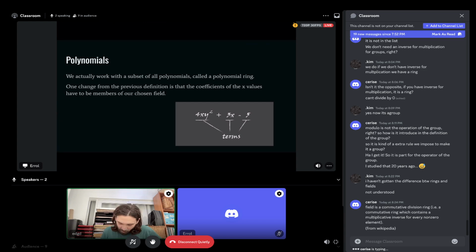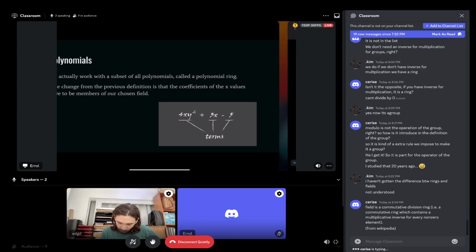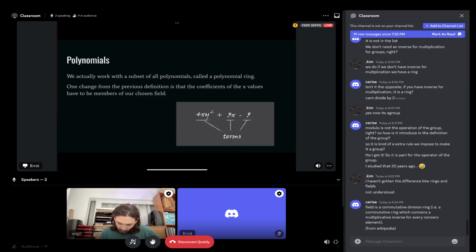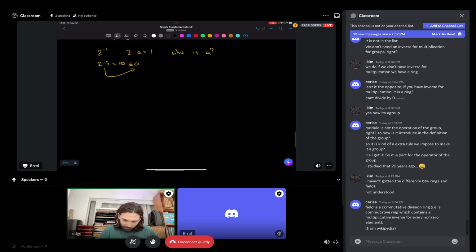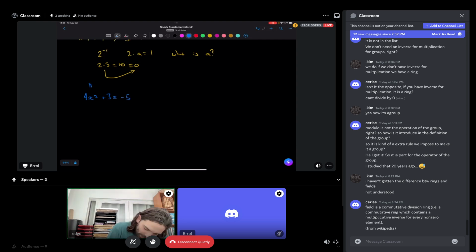Okay, but the polynomials. Let's do 4x squared plus 3x minus 5. Like I said, if we're working in F11, then 4 is in the set, and so is 3, which is fine, but minus 5 is not.